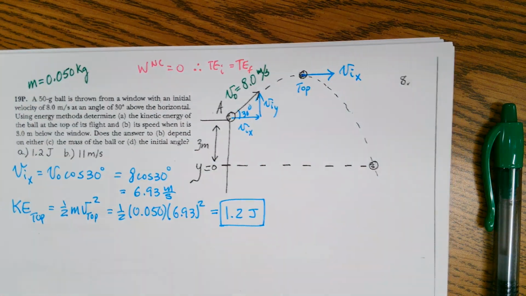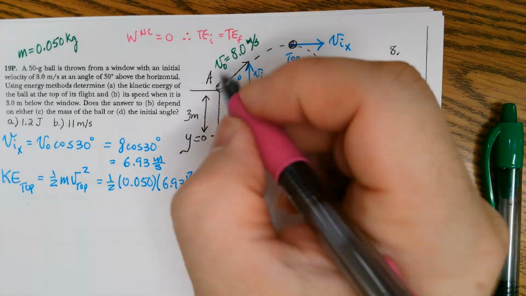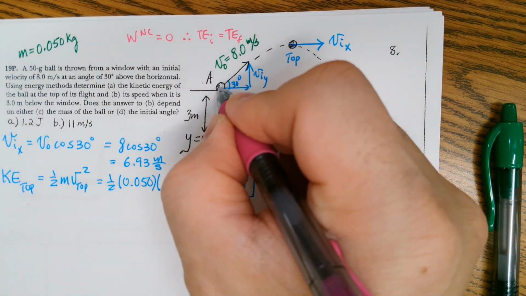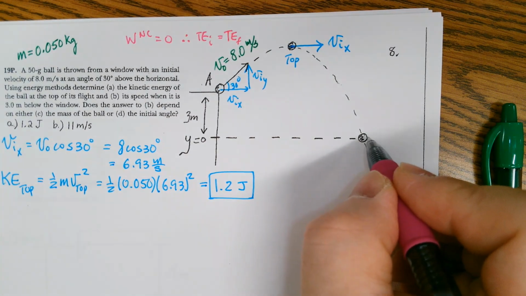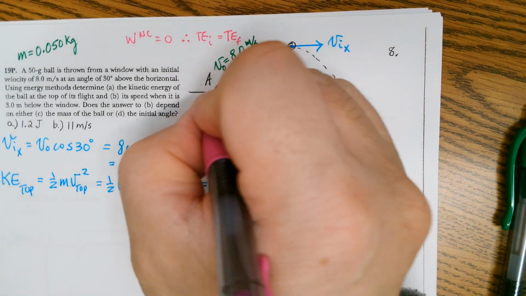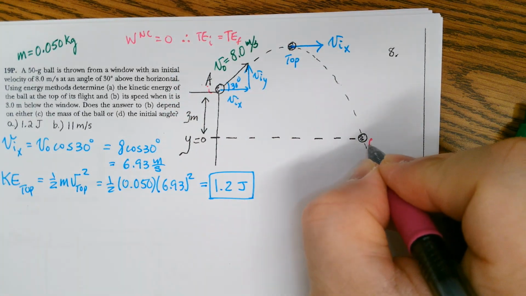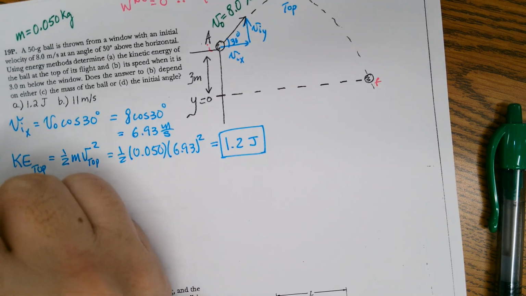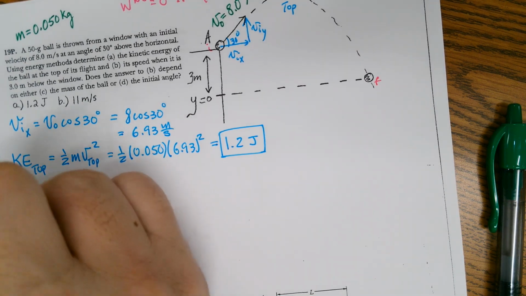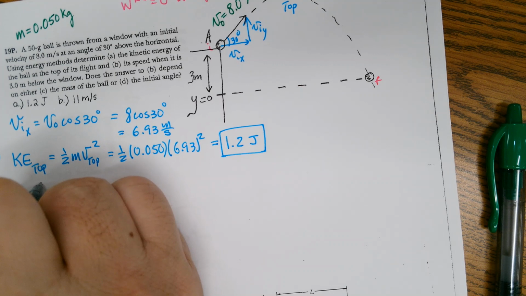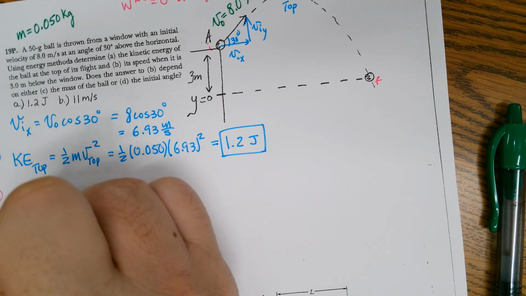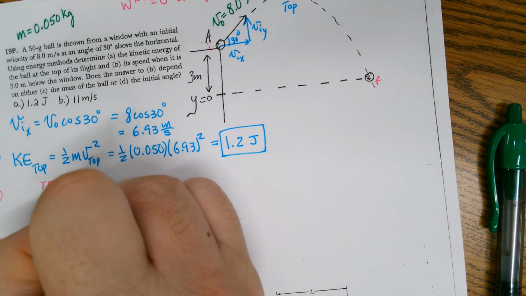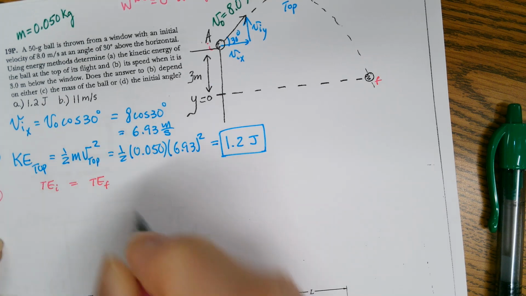Okay, that's given. So here, initial, here, final. So for part B, we know total energy initial at A is equal to total energy final, which is B.